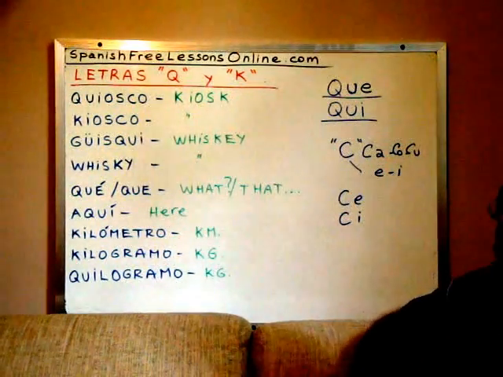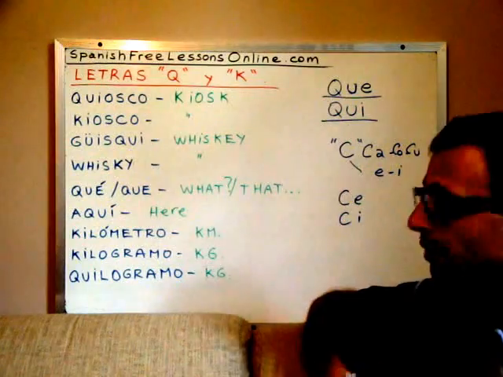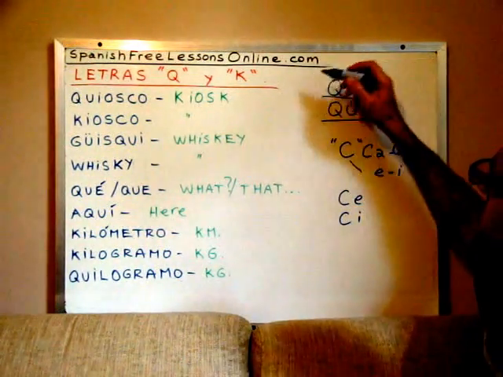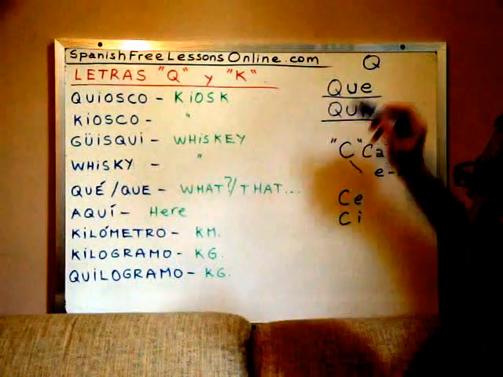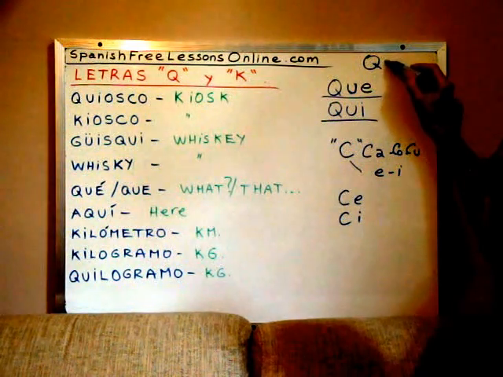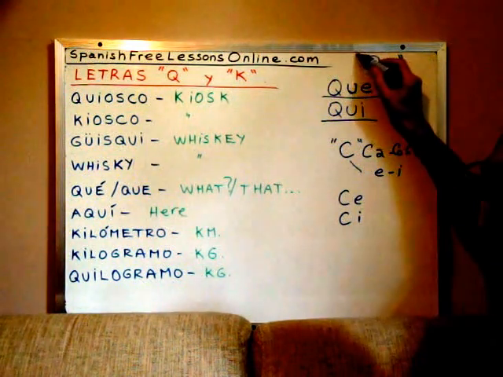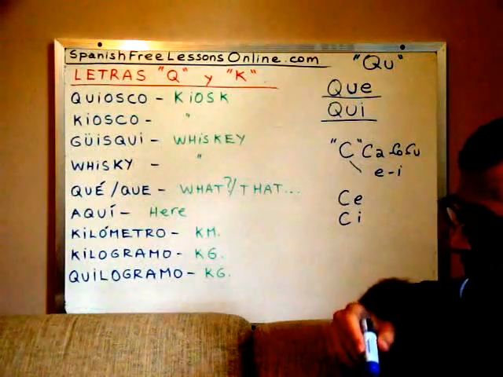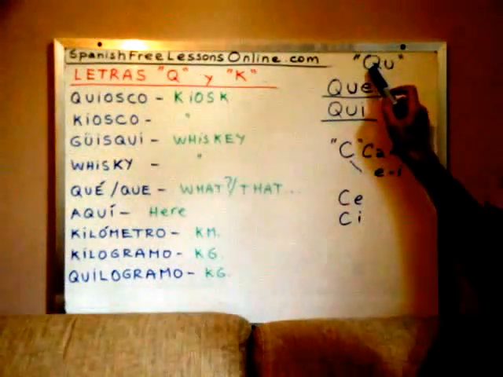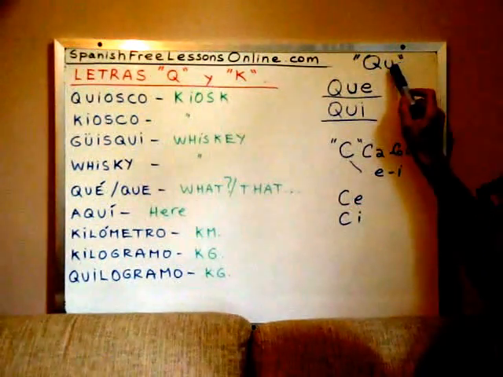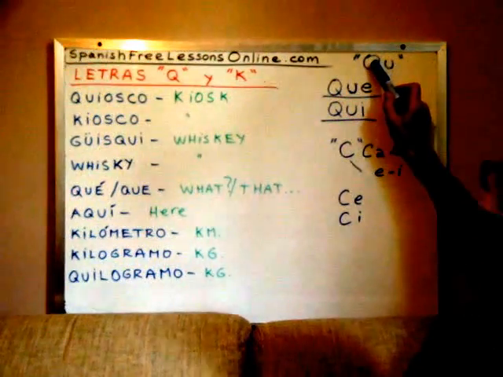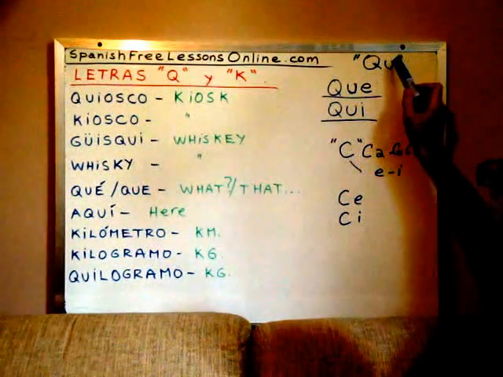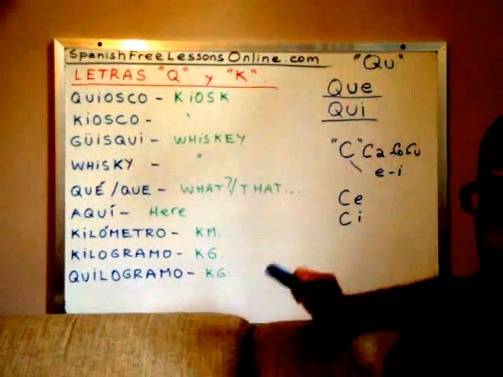That's why many times in Spanish alphabets, when the letter Q is not alone, not by itself, letter Q is written like this, right? A capital Q and a lowercase u, to indicate that Q is always followed by a U, and this U is always mute, right?